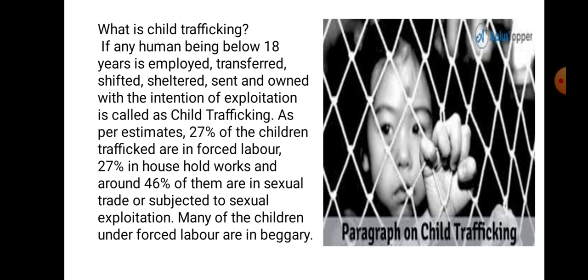As per the estimate, 27% of the children trafficked are involved in forced labor, 27% in household work, and around 46% of them are involved in the sexual trade or subjected to sexual exploitation. Many of the children under forced labor are also in beggary.